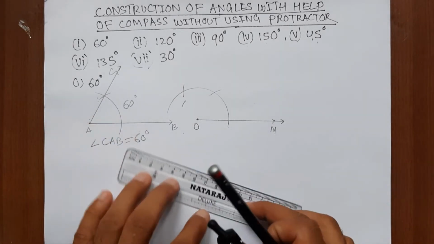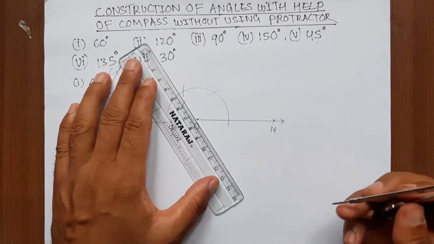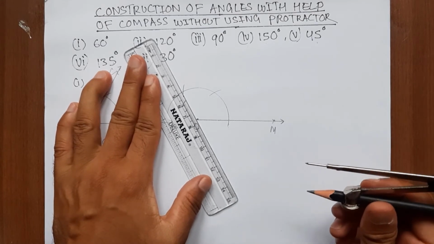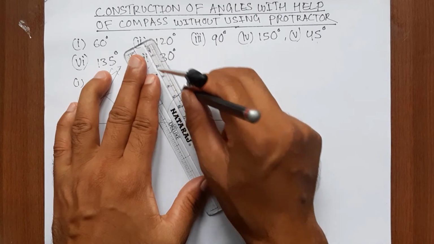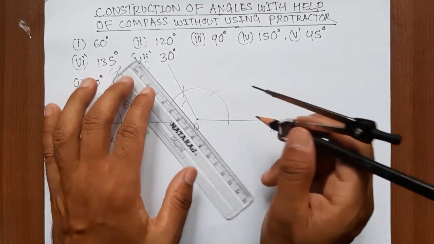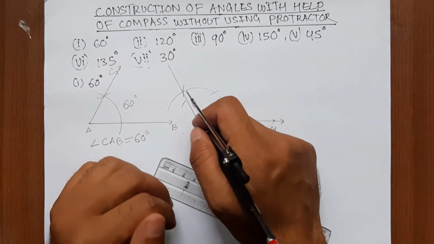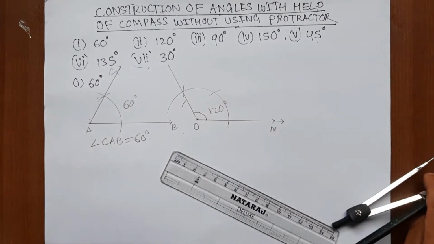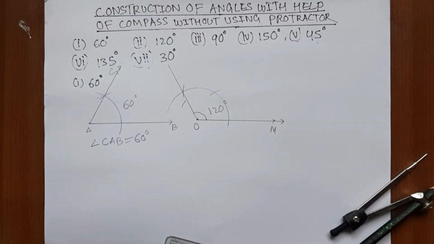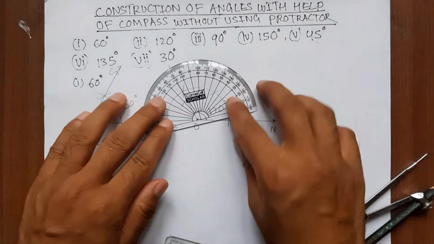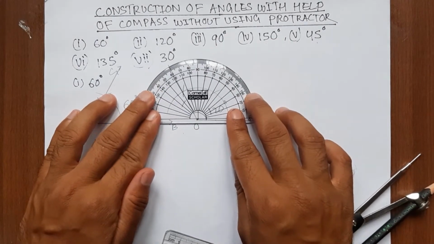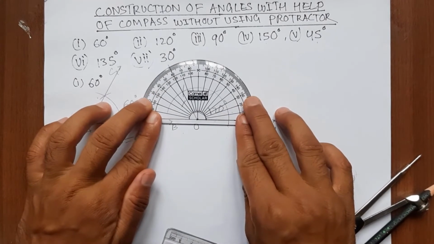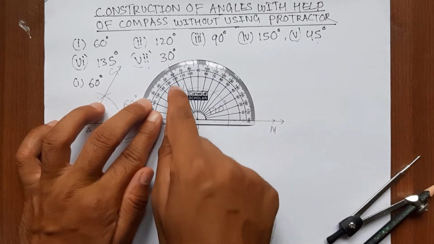Now join these 2 points. This is our 120-degree angle. Let me check. Look here.